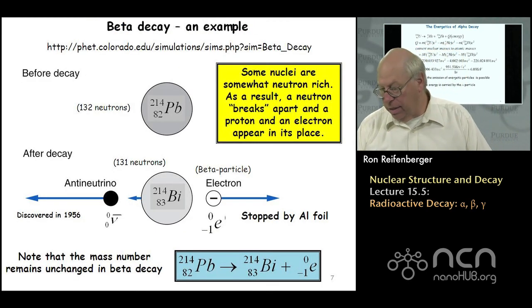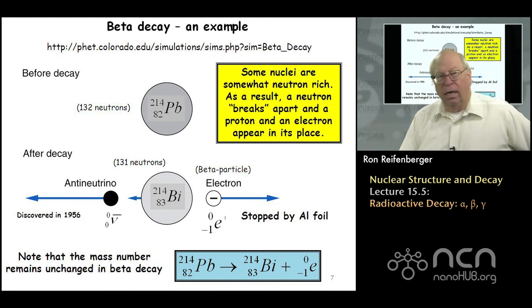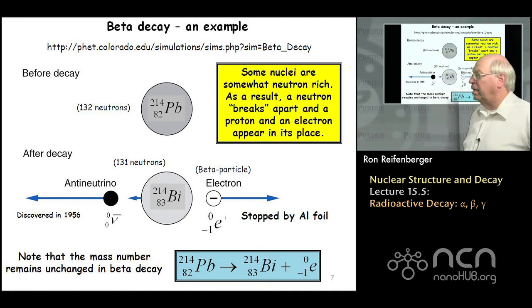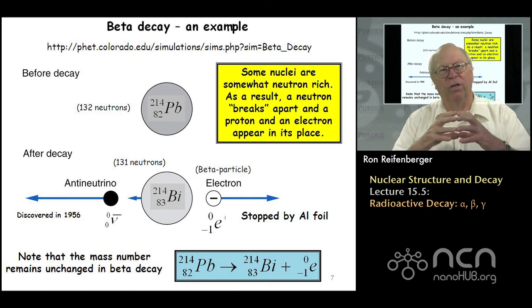The next topic would be beta decay, and again, there's a nice website that you can go and investigate and simulate beta decay on the web. So if you have the time to do that, please check it out. Beta decay is basically the conversion of a nucleus which is neutron rich, right?